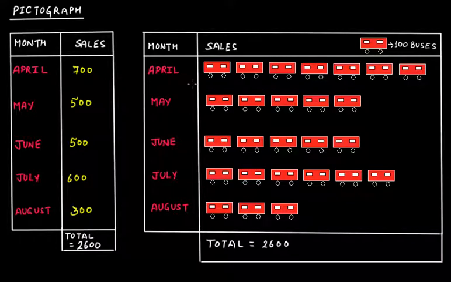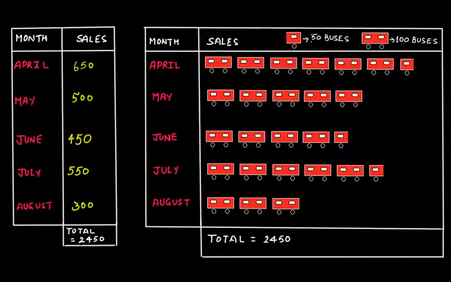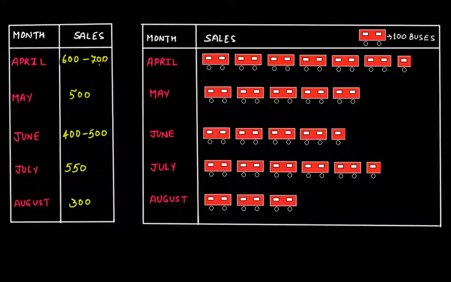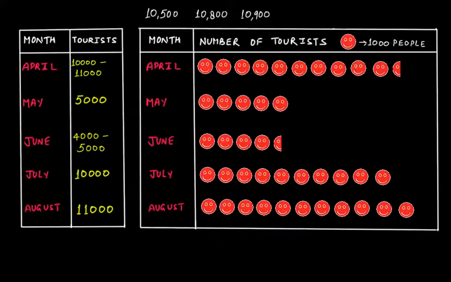One with the full image, next one with some half portion of the image where we wanted to represent the 50 portion and this 500 portion, and in the next one we are showing in terms of range, like 600 to 700, 400 to 500. We haven't represented anything for this one, half or a portion of the image, and same thing here.